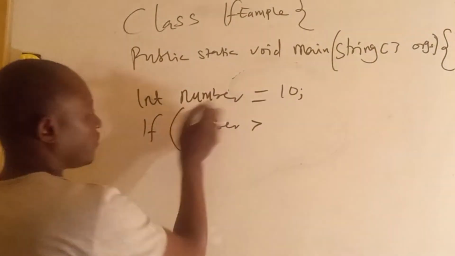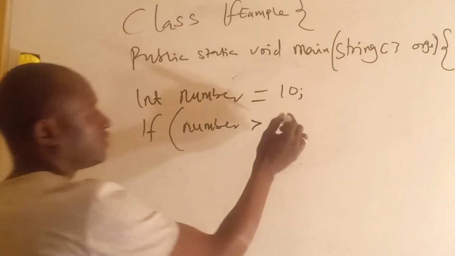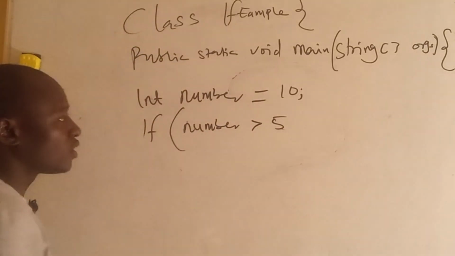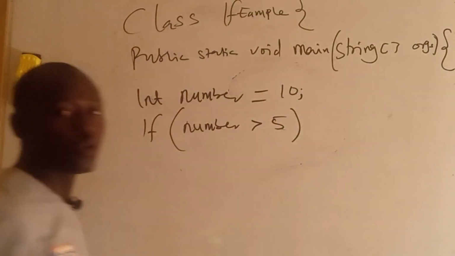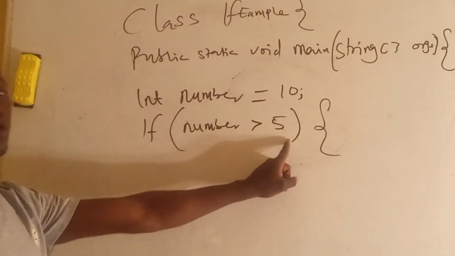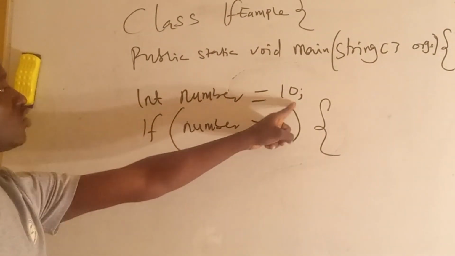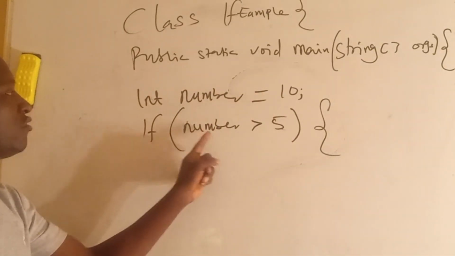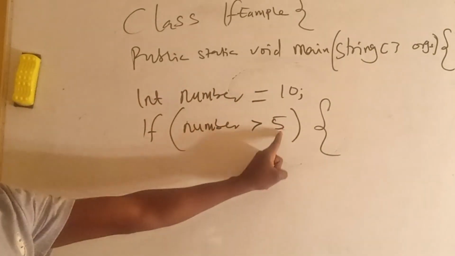If this variable number, which is 10, is greater than 5, then we have another curly brace. Are we together? This number is stored here, so virtually this number is 10. That's if number, which is 10, is greater than 5.